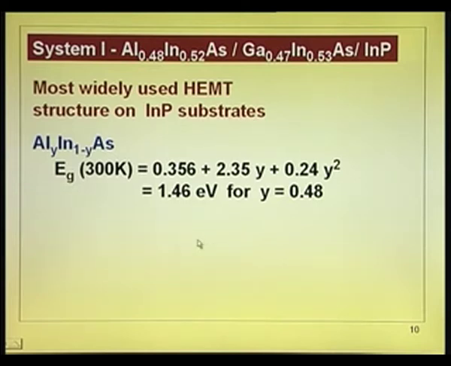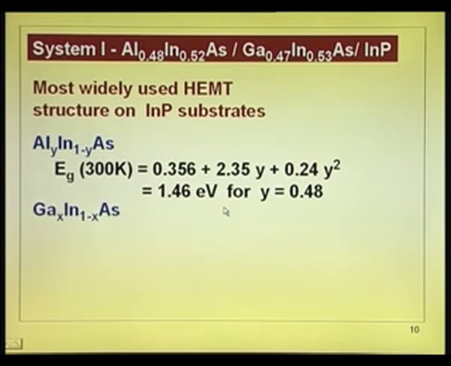This is the equation reported in the literature. Eg is 0.356 plus 2.35 into Y for aluminum indium arsenide, where Y is the aluminum content. So, that is about 1.46, where Y is equal to 0.48. That is how you get it, because if you try to put it linear, you will not get it.